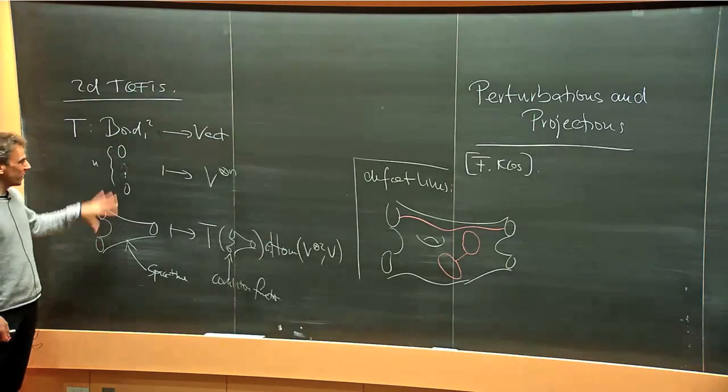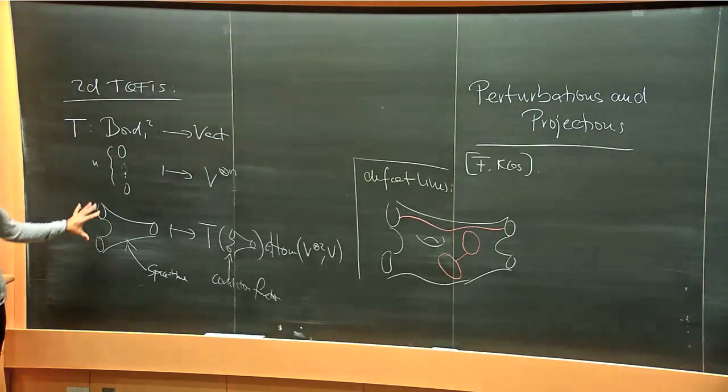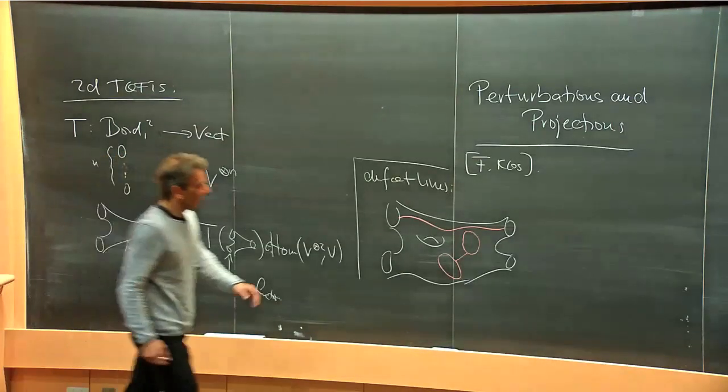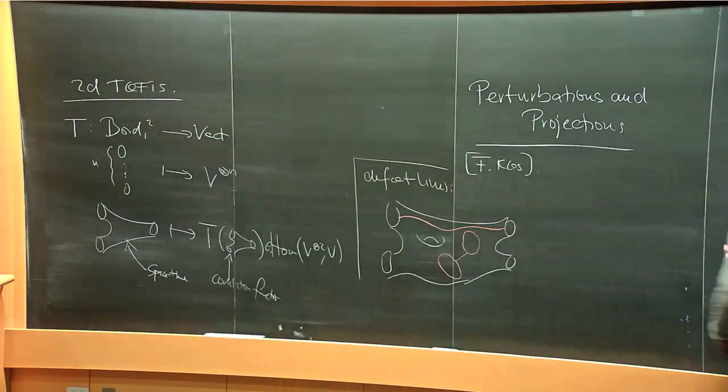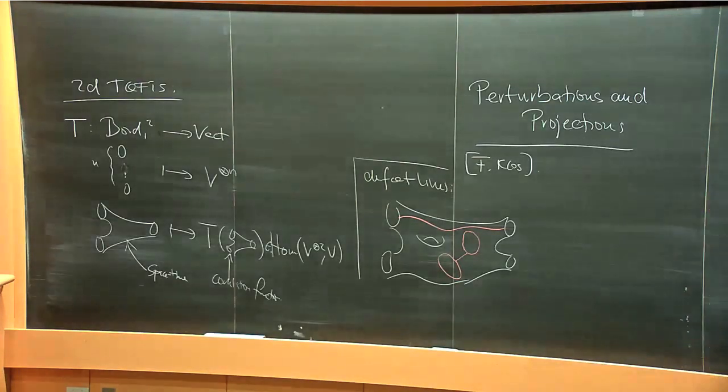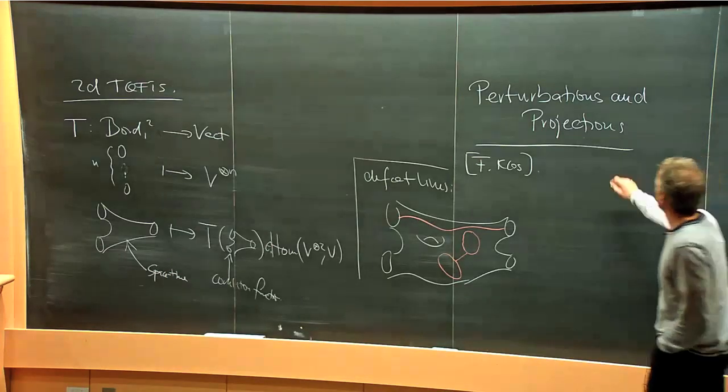And to encode this in this kind of structure, you basically have to enrich these categories. What you will get in the end out of this is a nice structure. Namely, you will find that your two-dimensional topological quantum field theories together with these defect lines form a two category.